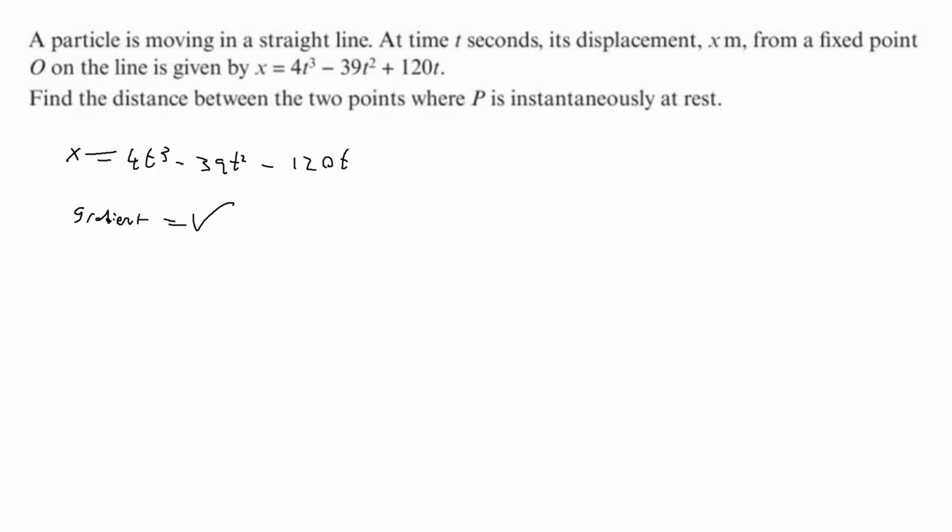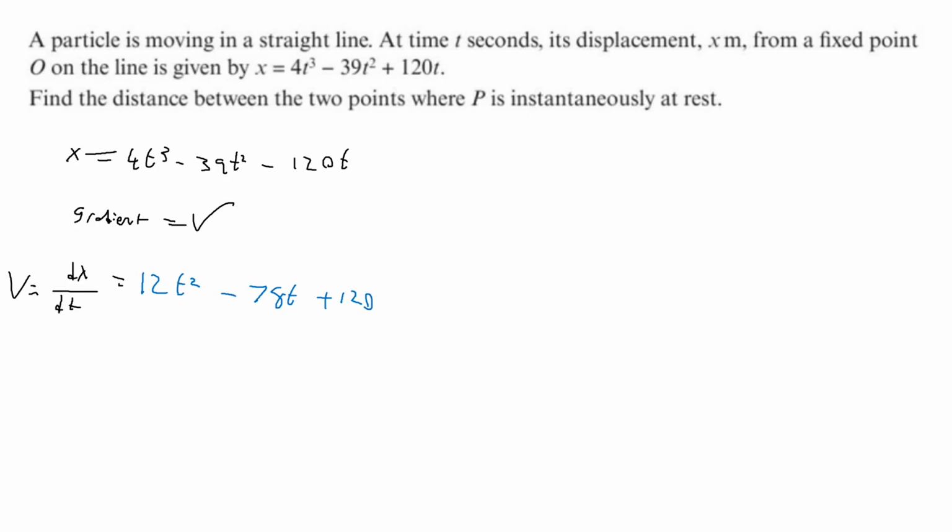is the velocity. So dx by dt is equal to v, which in this case is, come on, let's differentiate this. 12t squared minus 78t plus 120.